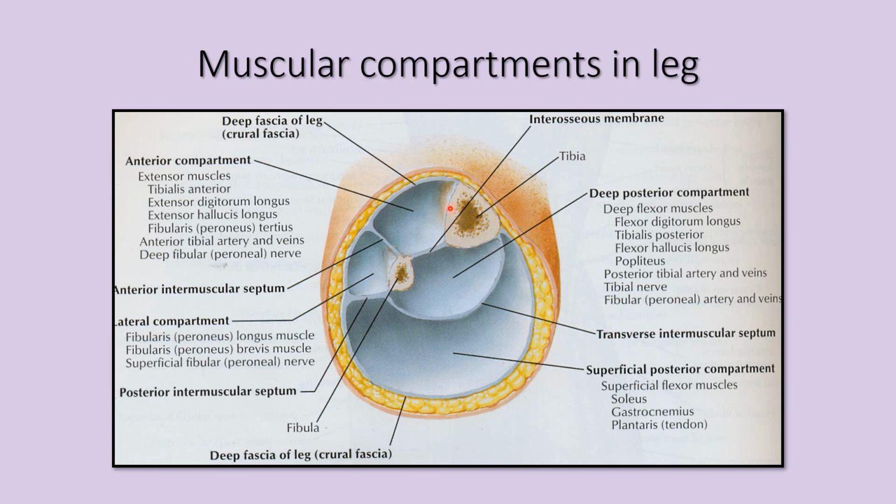We are seeing the anterior compartment between the tibia and fibula here, and this is the lateral compartment just lateral to the fibula, and this whole of this is the posterior compartment, which has muscles in two layers, that is superficial and deep. So that's why there is a deep fascial septum shown here. So the whole of this is the posterior compartment of the leg, which is the largest compartment compared to the other two in the leg.